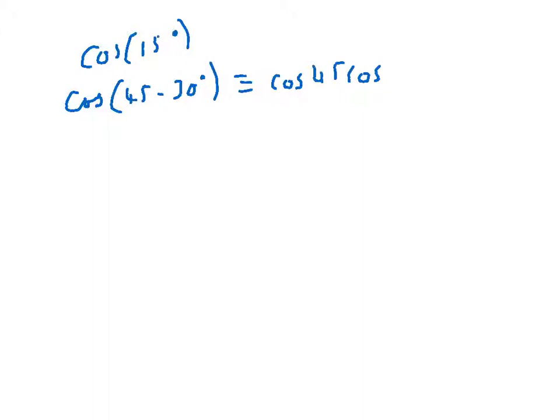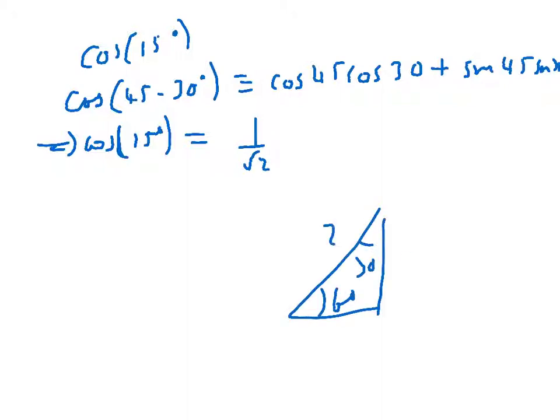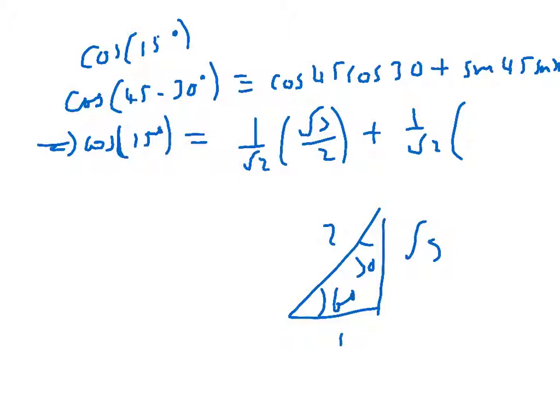So I can say this is cos 45 cos 30 plus sine 45 sine 30, which means that cos 15 degrees is equal to cos 45, which is 1 over root 2, cos 30, from the special triangle 60, 30, 1, so cos 30 is root 3 over 2, plus sine 45 is 1 over root 2, again from my special triangles, and sine 30 is a half.